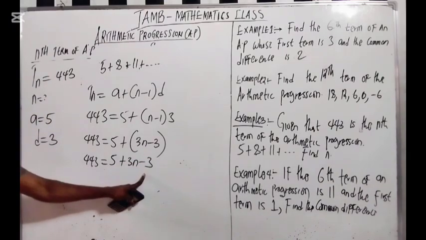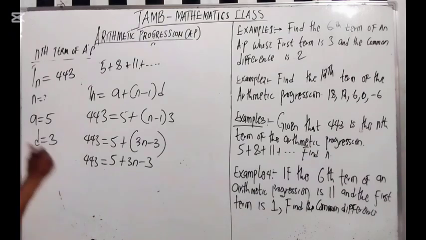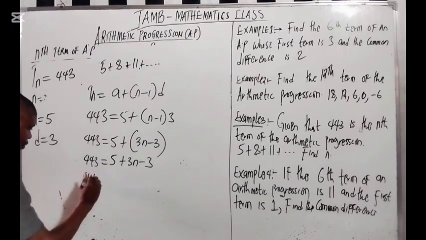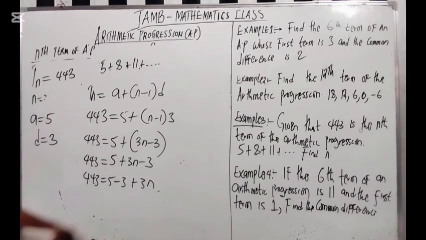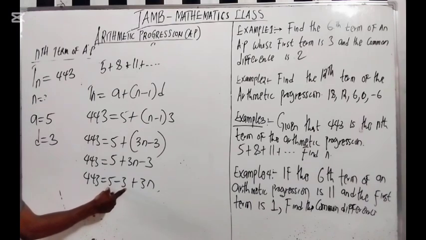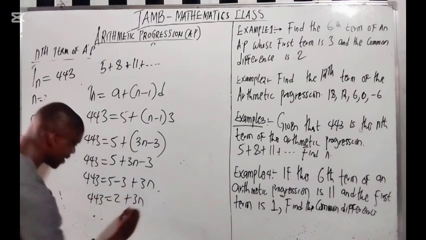So the goal here is to make n the subject of the formula. So we can just say 443 equals 5 minus 3 plus 3n, right? 5 minus 3 is 2. 443 equals 2 plus 3n, right?